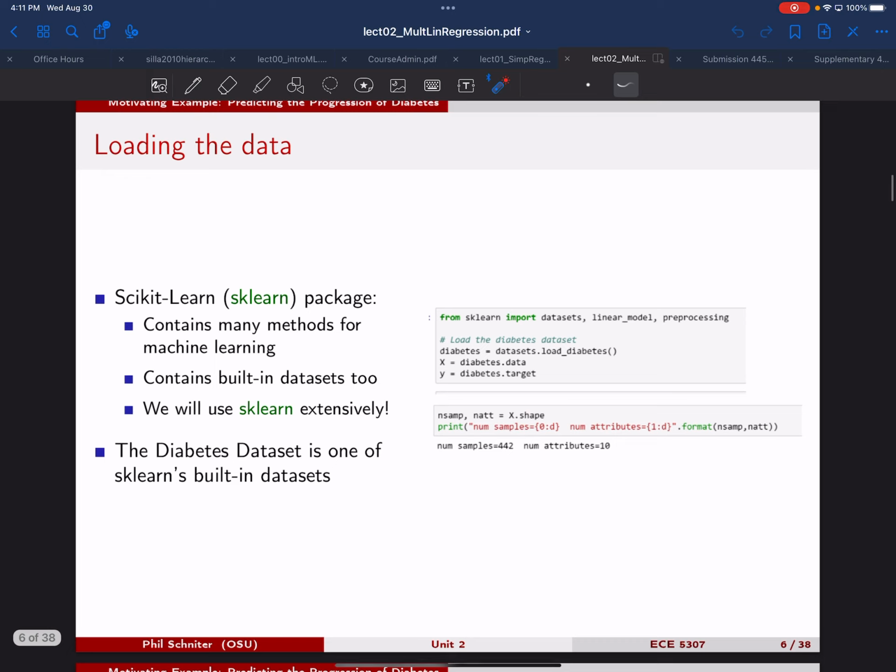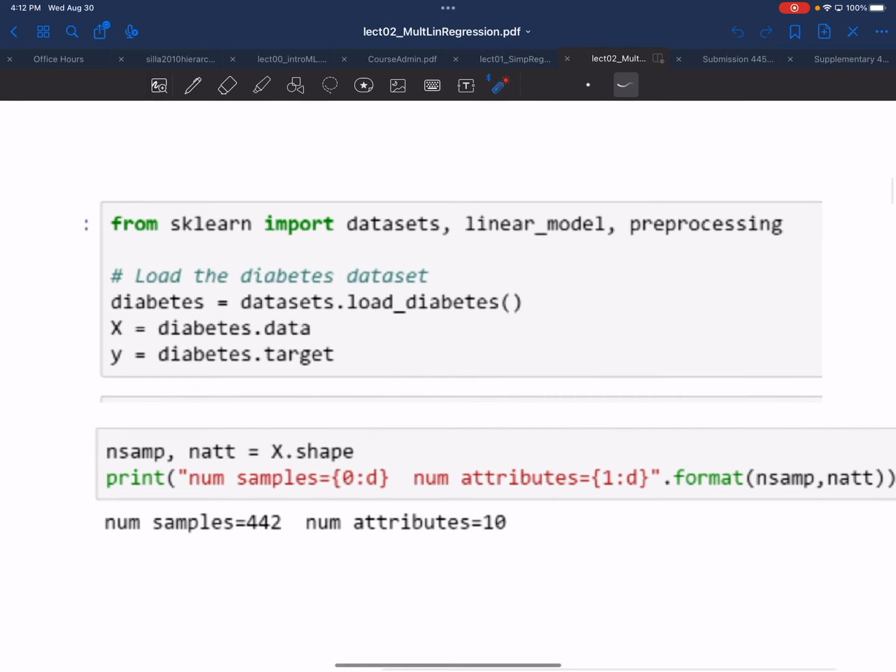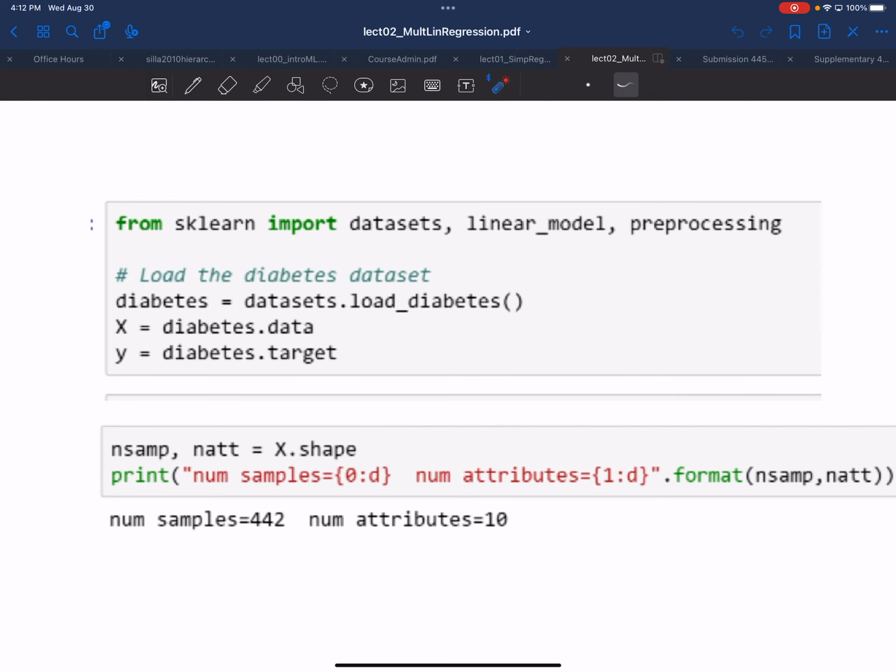Okay, so this data set happens to be part of the machine learning library sklearn. sklearn is pretty much the main package we're going to be using all throughout the semester. It contains many methods for machine learning. It also contains a few built-in data sets, some of the most common ones people look at for tutorial type purposes. So loading this data set is very easy.